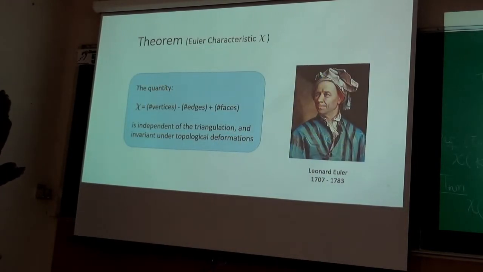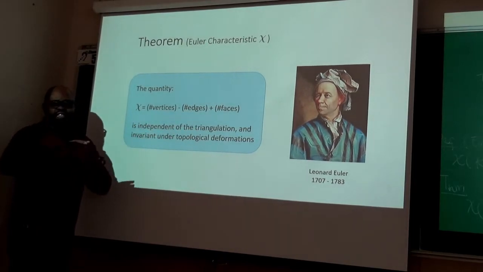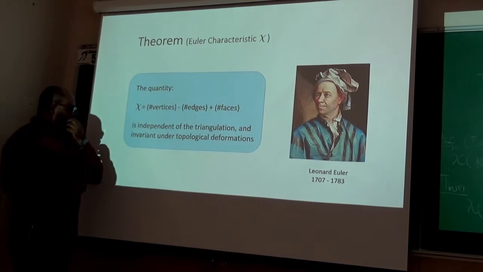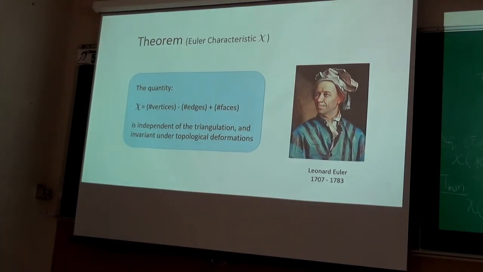We also saw this theorem of the Euler characteristic, that if you look at only vertices minus edges plus faces, and that was for something two-dimensional, then this was independent of the triangulation, and invariant under topological deformations. Correct? That was what we saw first.